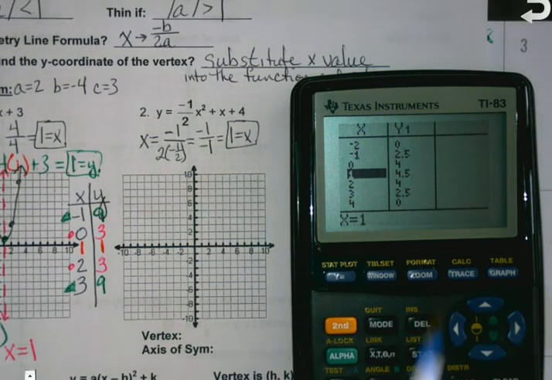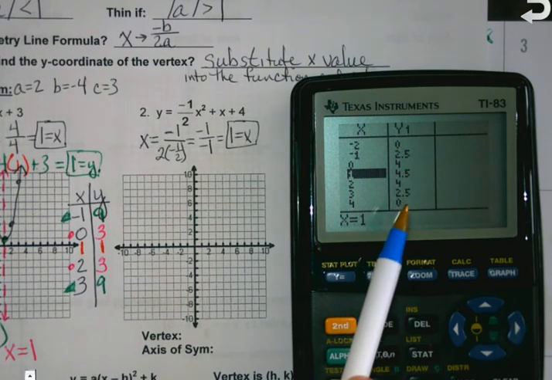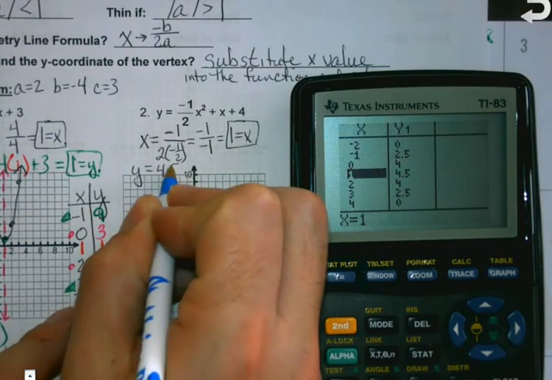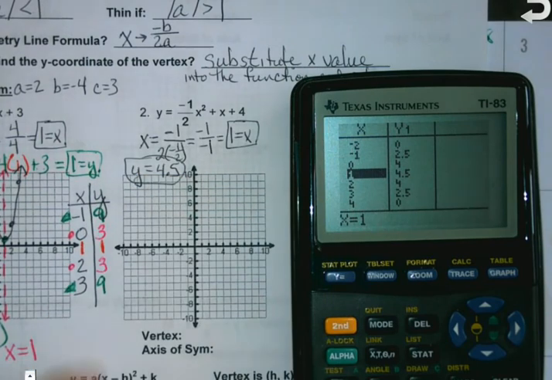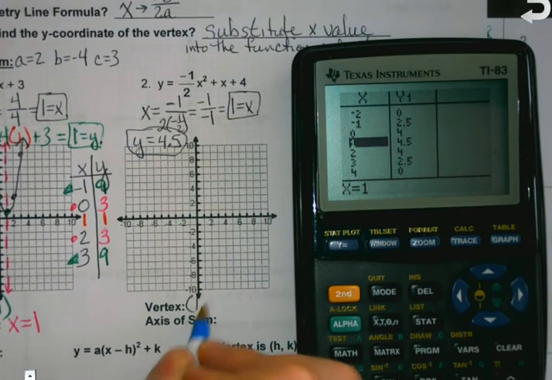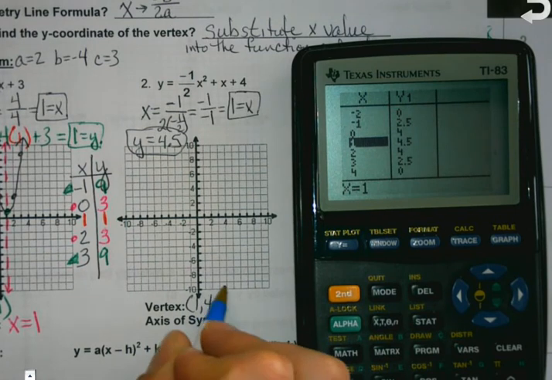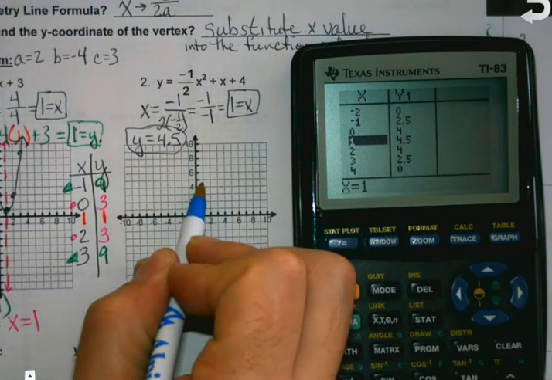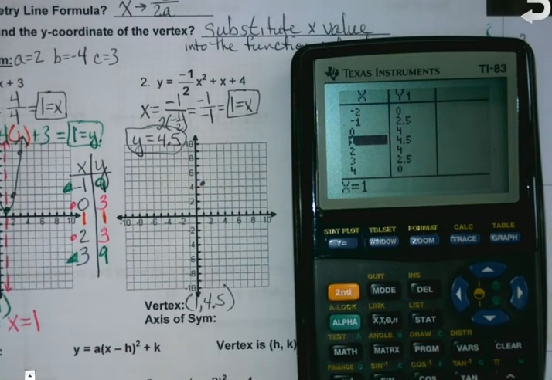Not only will it tell me the y value, which saves me a little bit of time, my y value is 4.5. That allows me to have my whole vertex ready to go, which is cool. But then I can plot my 1, 4.5.